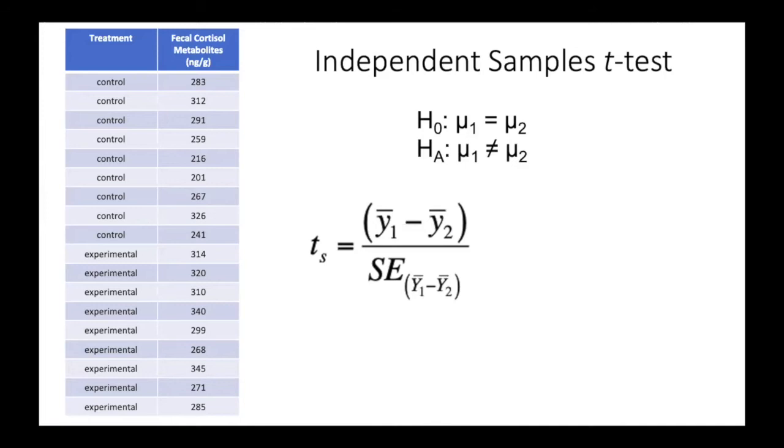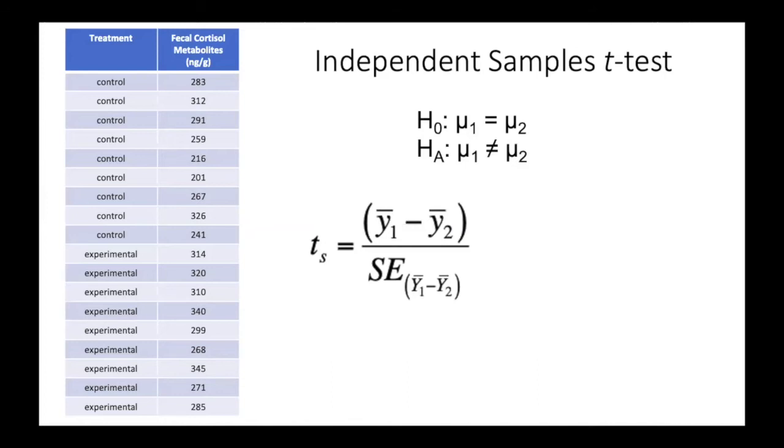So in this case, we're testing the null hypothesis that these two population means are the same, that the circulating glucocorticoid levels in squirrels exposed to experimental playbacks were the same as those exposed to the sham controls. The alternative hypothesis in this case is that those two population means are different.